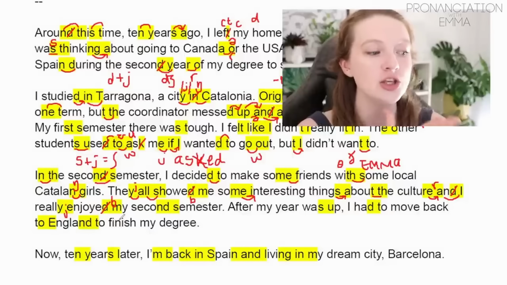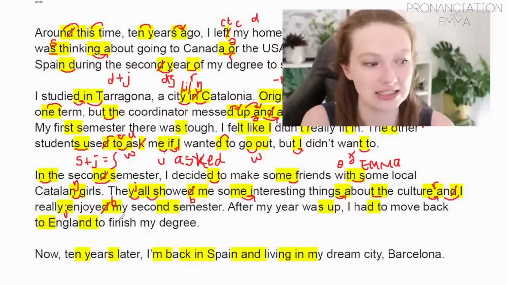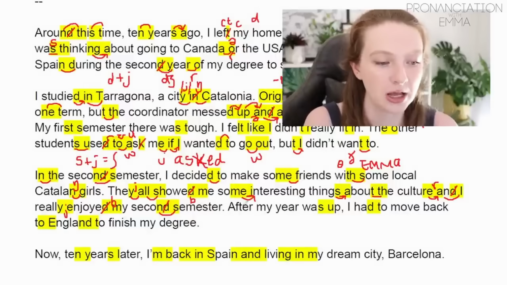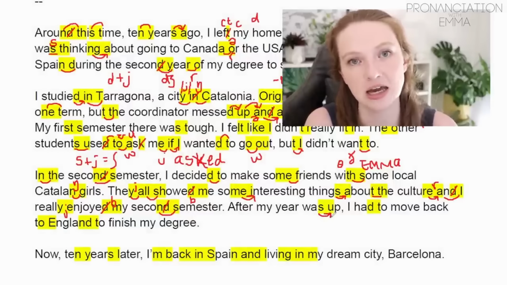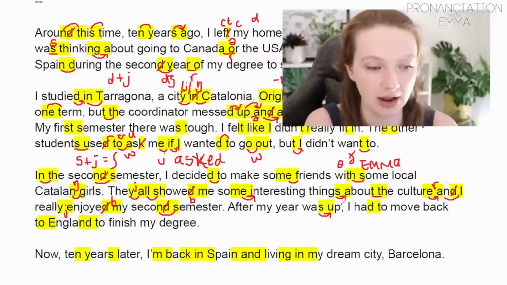And I really enjoyed my second semester. We're going to cut this, join these together. So all together. The culture and I really enjoyed my second semester. After my year was up, I had to, so "was up", we're taking that z and moving it over because it's consonant vowel linking.